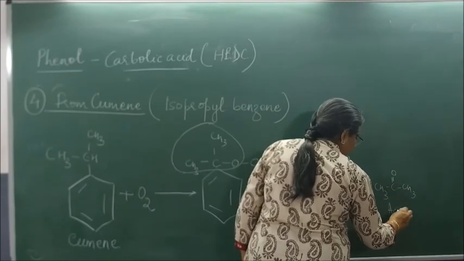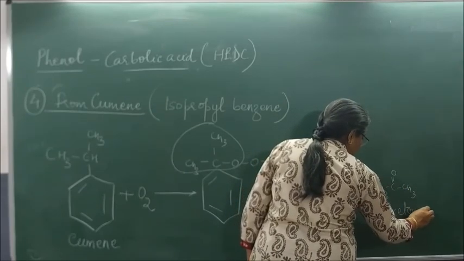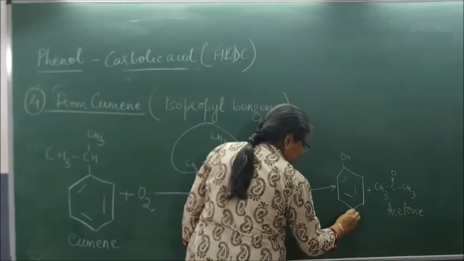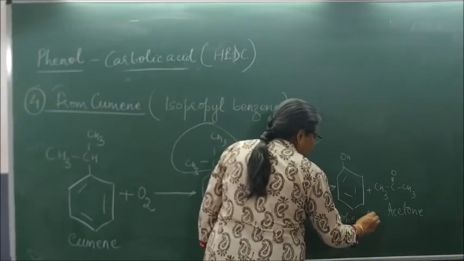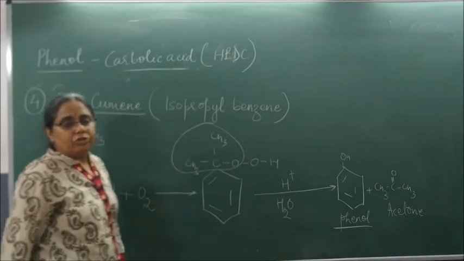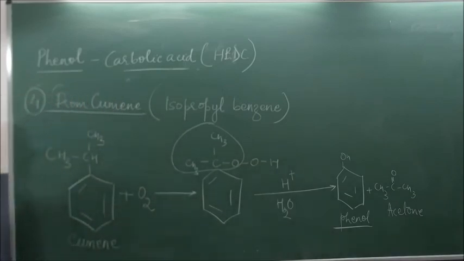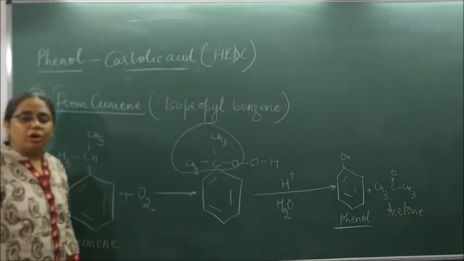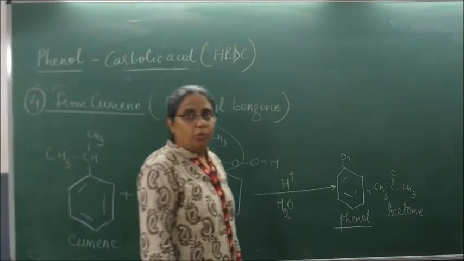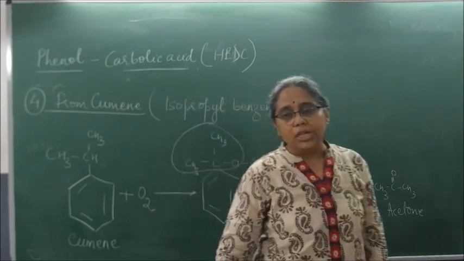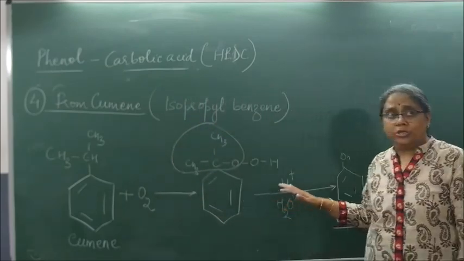This is called as acetone or propanone, and this is phenol. This is generally used for the preparation of phenol, and the byproduct obtained by this method is called as what? Acetone. Acetone also, you know, is used as what? Nail polish remover.